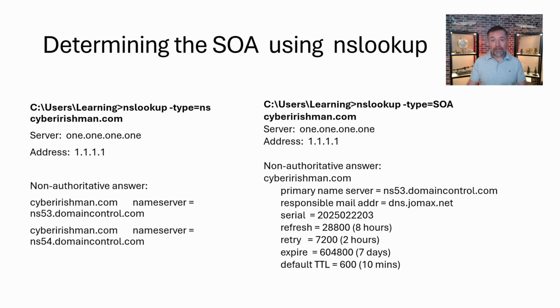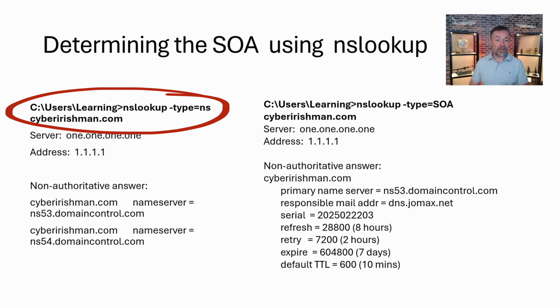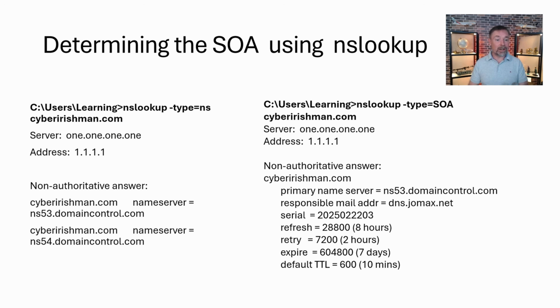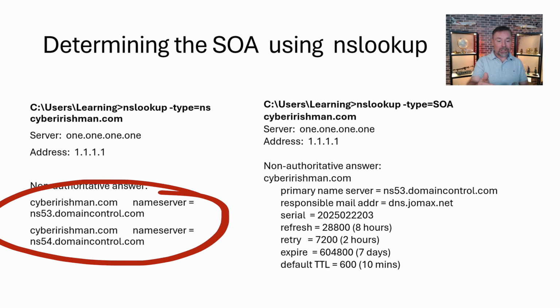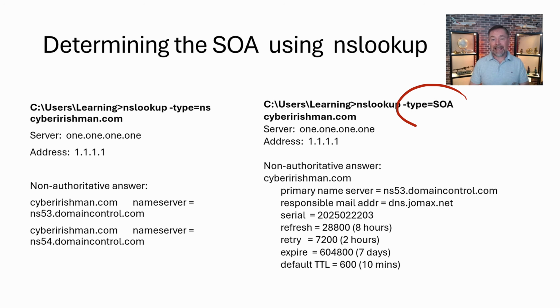Now, one of the first steps usually is figuring out which of those servers is the source of authority. And there's a couple of ways we can do it. We can use nslookup. I'm showing you here on screen how to do it. Type ns CyberIrishman.com and it shows us our two different name servers. And now I'm going to type is SOA. Tell me the source of authority for CyberIrishman.com.